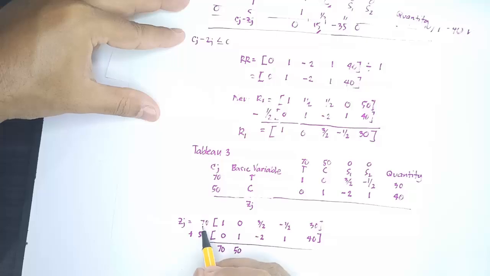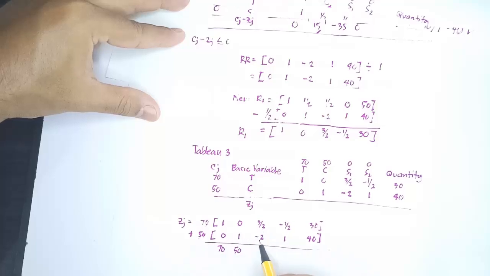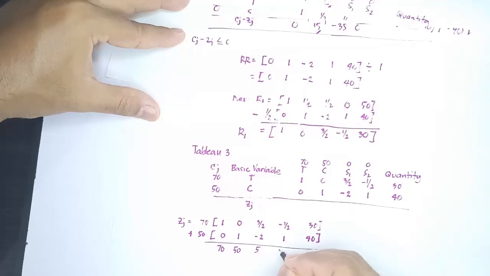This is 70 times 3 over 2, so that's 210 divided by 2, that's 105, plus negative 100 equal to 5. And then this is 70 times negative 1 half, that's negative 35, plus 50, that's positive 15.